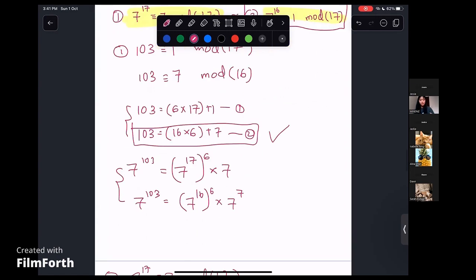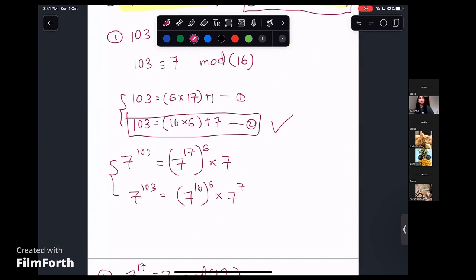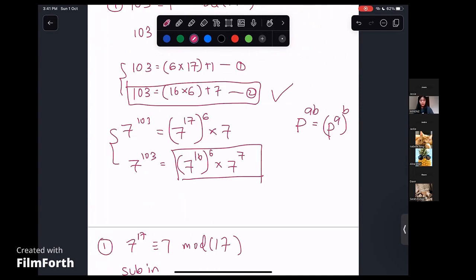Then we can actually rewrite 7 to the power of 103 as this, right? This might require a little bit of knowledge with exponentials. If we have something like p to the power of ab, we can definitely write it as p to the power of a, to the power of b, right? This is a little bit of outside knowledge in terms of algebra, but we can write it like that, and that's what we're doing here.